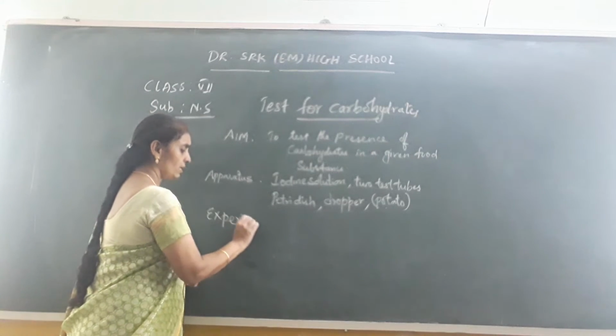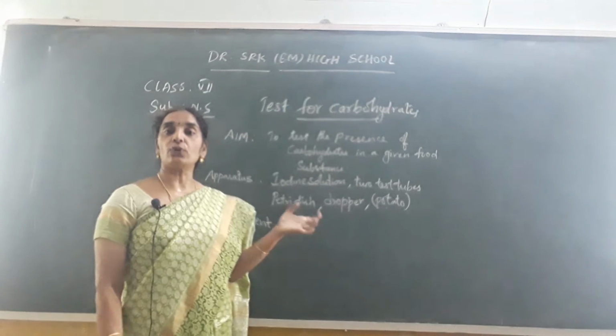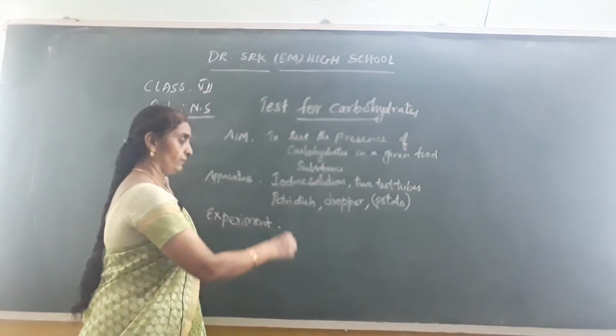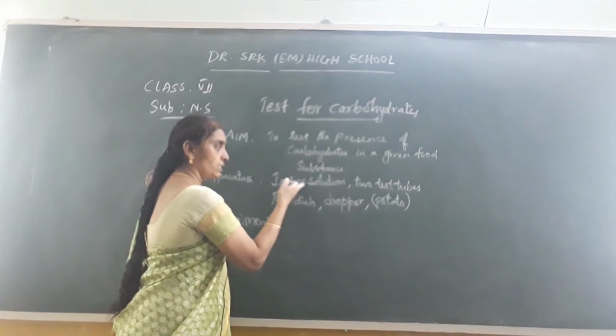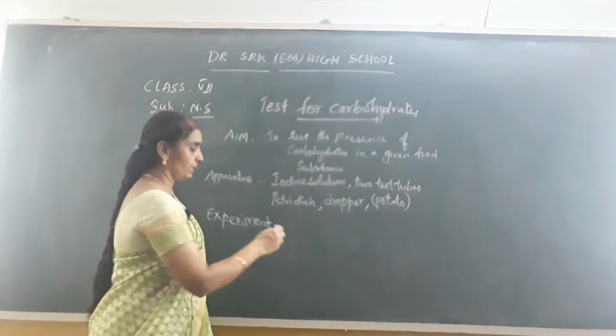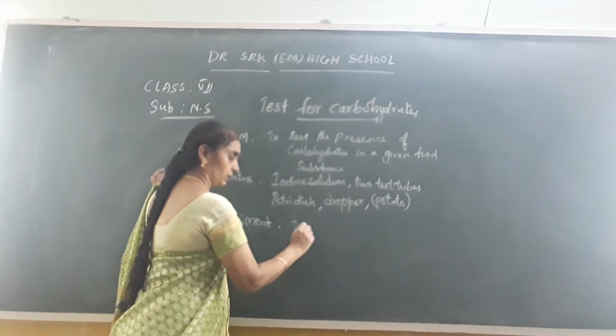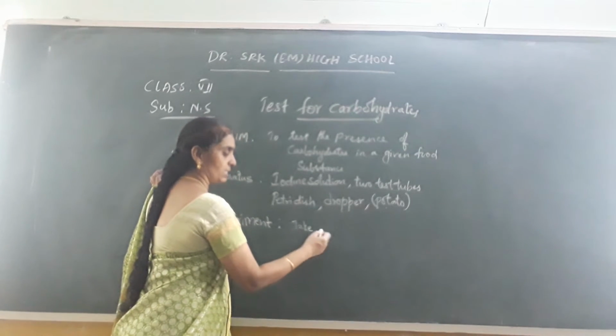How do you do the experiment? In this experiment, first what do you take? You take the iodine solution. You are taking a test tube first. Take the item that is to be tested.